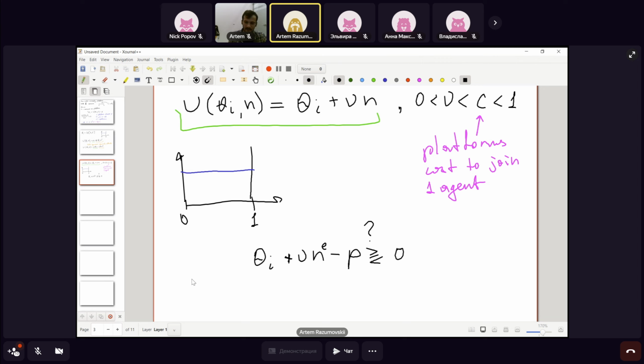Then here is another important question: how to think about an expectation? So we need to come back to some standard economic concepts, and we will use rational expectations. So what are rational expectations?